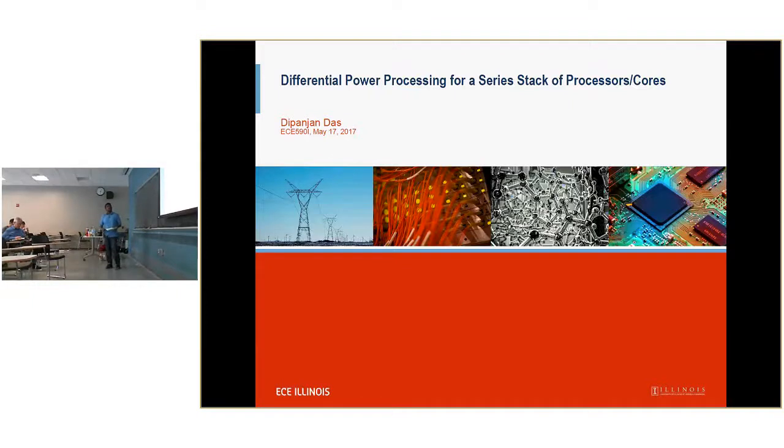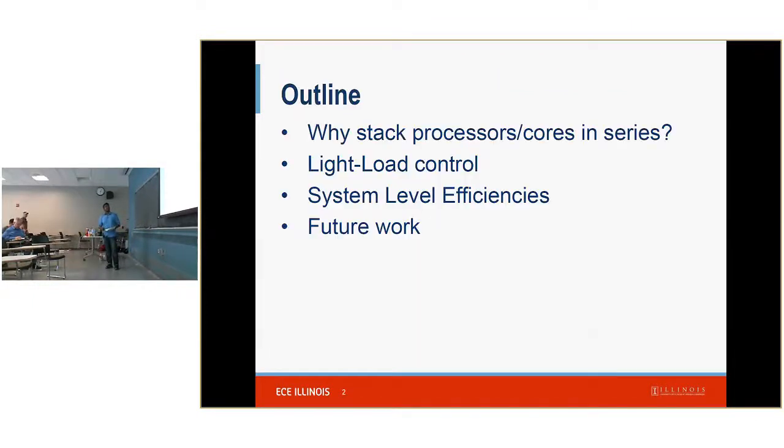So here's an outline of what my presentation is going to be today. First, we are going to discuss why we are interested in stacking of processors or processor cores in CDs.